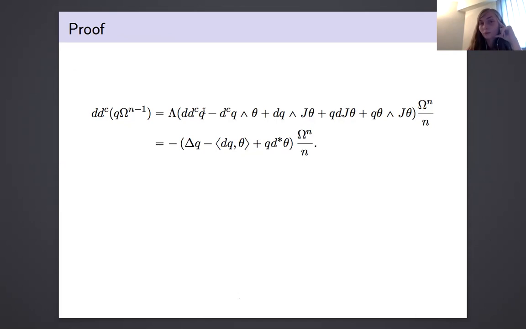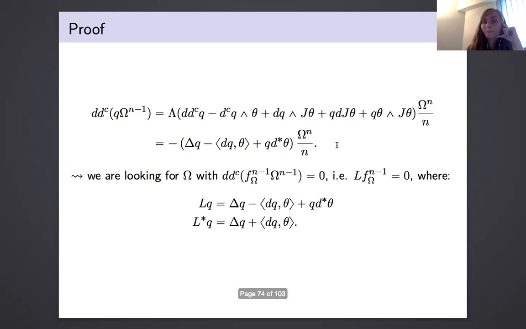And then you compute the trace of everybody, and you find that this equals this quantity here. And recall that we are looking for a metric which satisfies this. So we want f to the power n minus 1 to satisfy that this is 0. So this means that it has to be in the kernel of this operator. And you can check that its L2 formal adjoint is given by this formula.